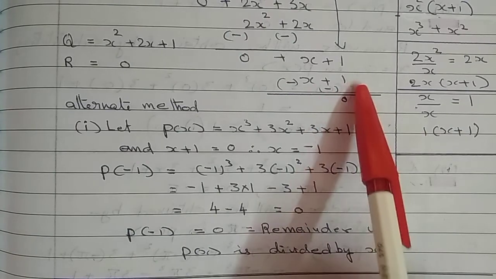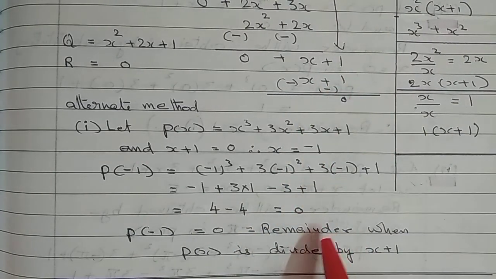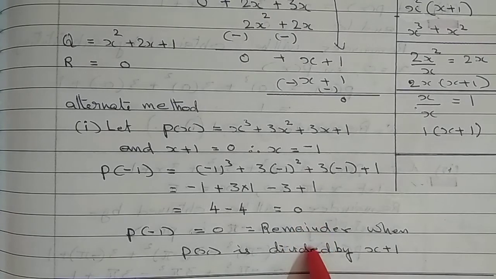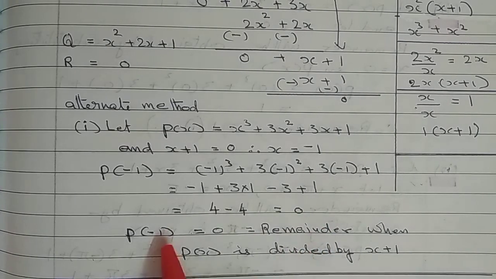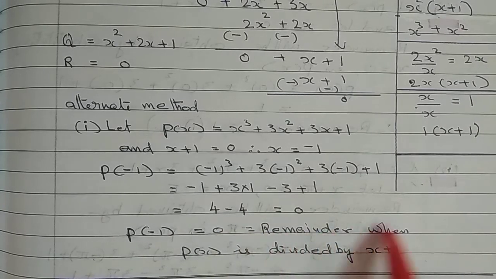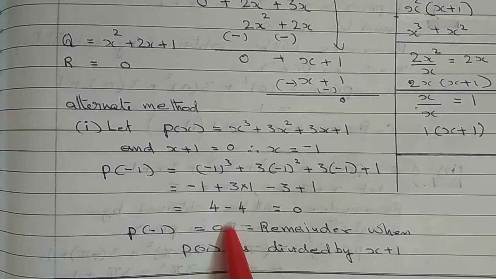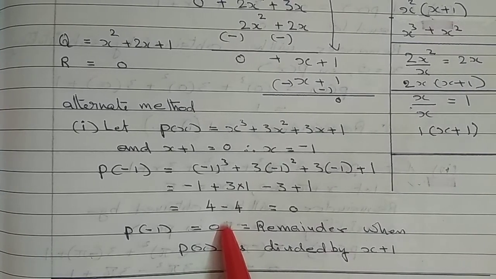We have already found the remainder by actual calculation, and now we have found the remainder using the remainder theorem. P of minus 1 is equal to 0, so the remainder is 0. And here you will not get the quotient, we get only the remainder.